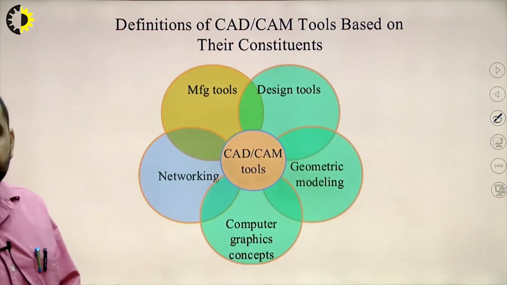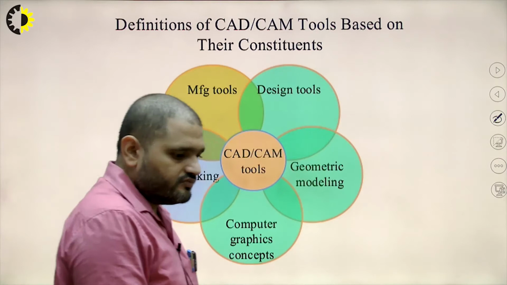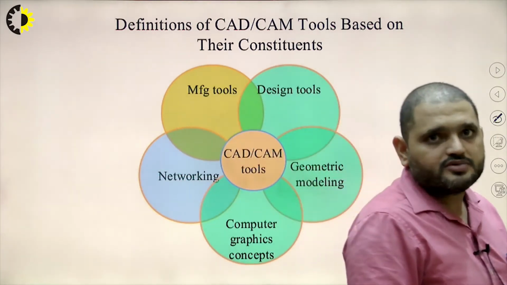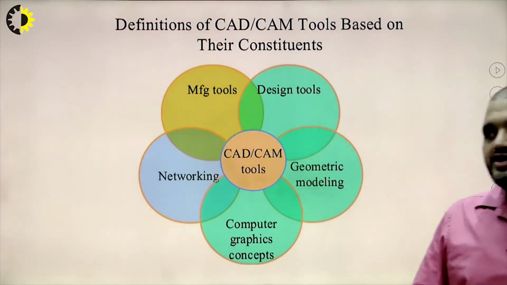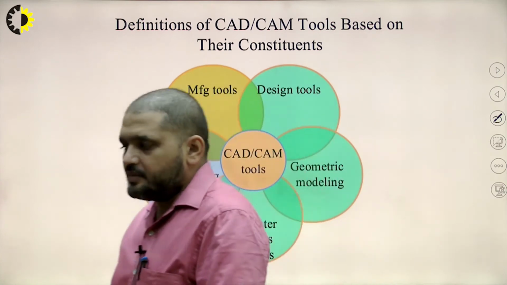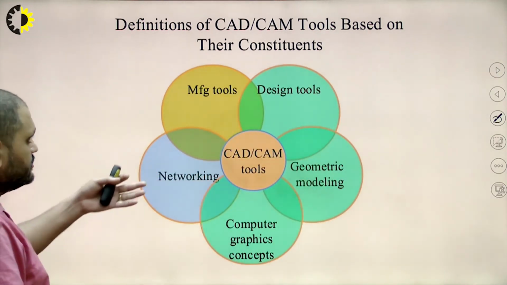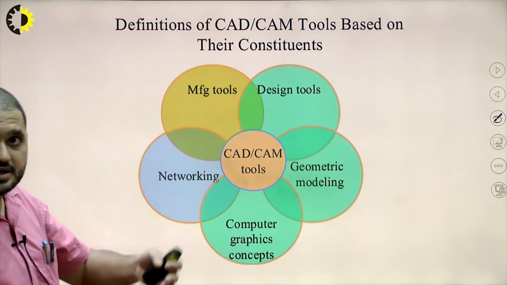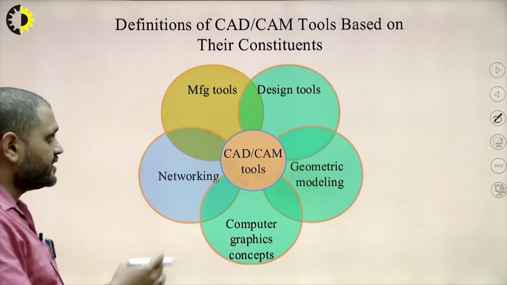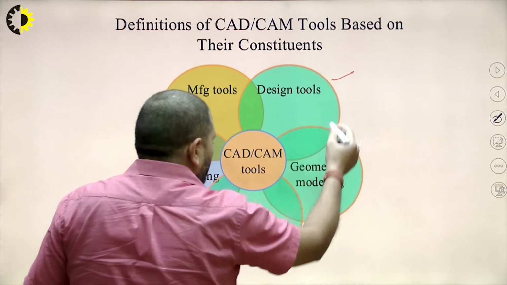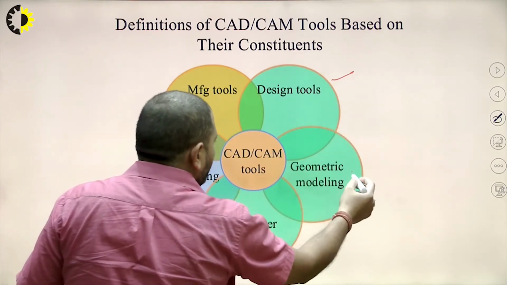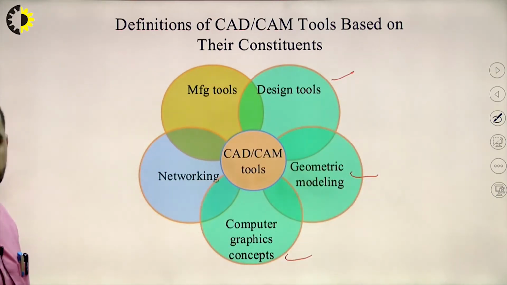Now CAD and CAM, we are considering both at the same time. So clubbing the tools of CAD and CAM together, we get this diagram. What were the tools of CAD? That was design tools, computer graphics, and geometric modeling. And what are the tools of CAM?